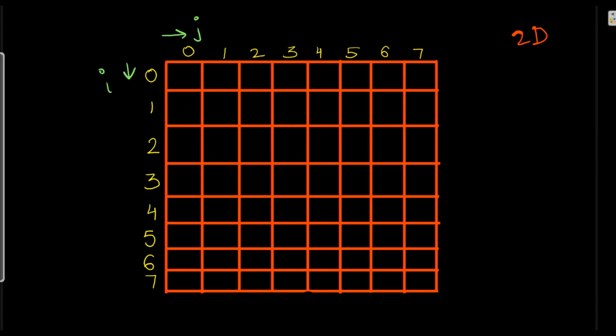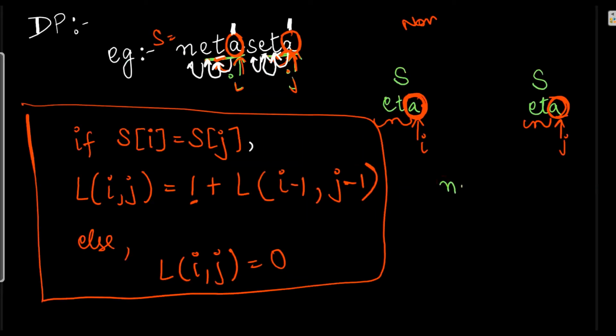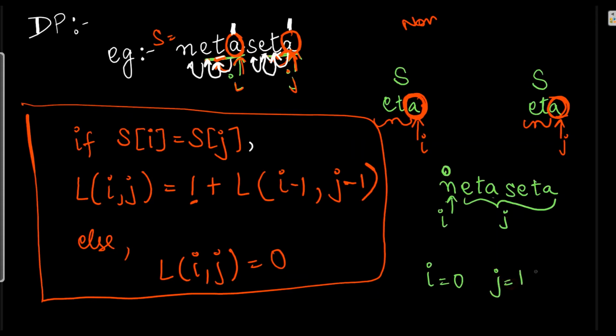Now the first condition I need to make sure of, let's say when I have this example and here I have I and this is J, which is at the last of my substring. So I need to make sure that this J should not come in the area of this I. That means if my I is equal to 0, the area of J will be iterating from 1 to n minus 1.